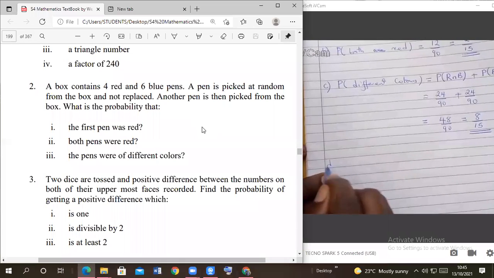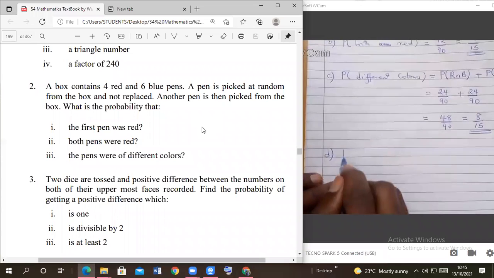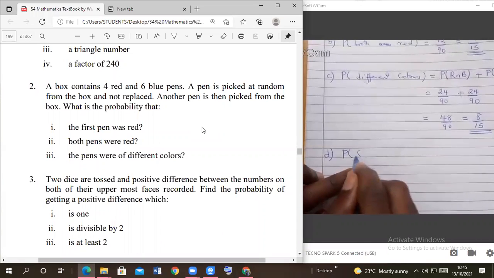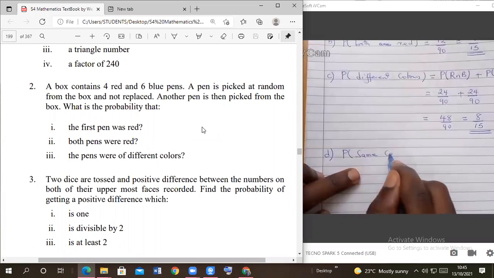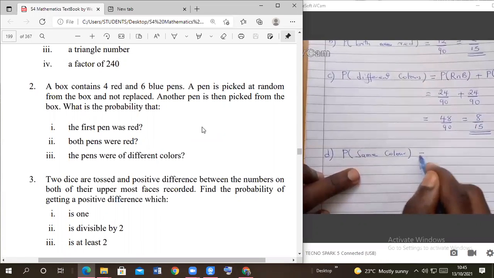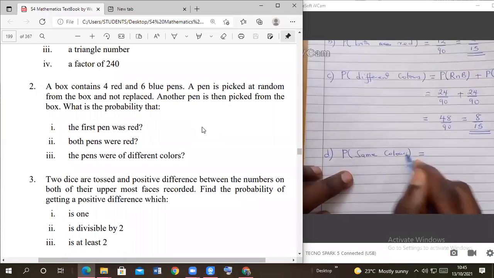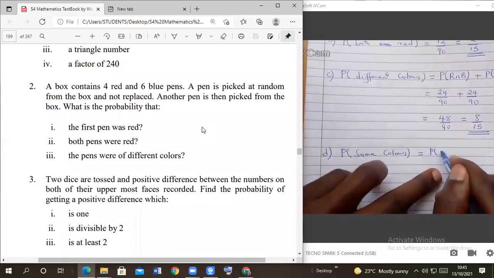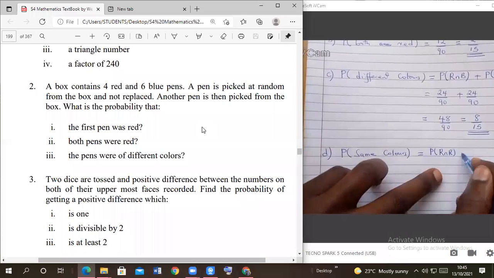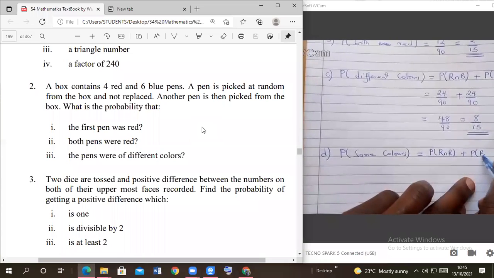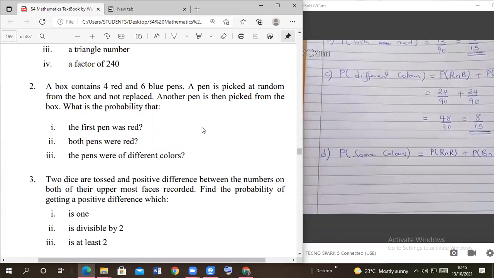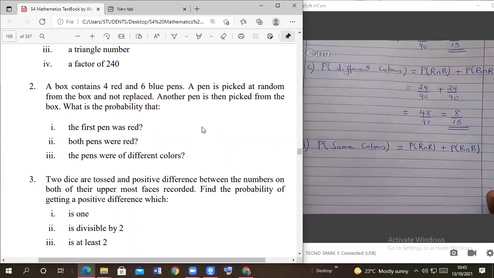We can add another question there. What if they were asking the probability of the same color? Members, what would be the same color? It is going to be the probability of red and red, and blue and blue.